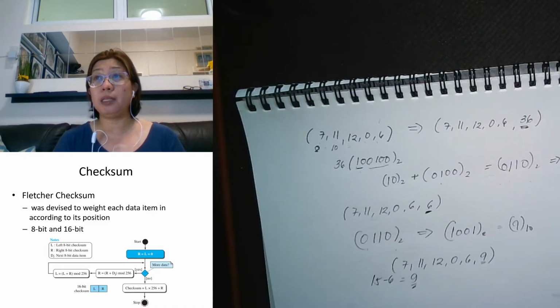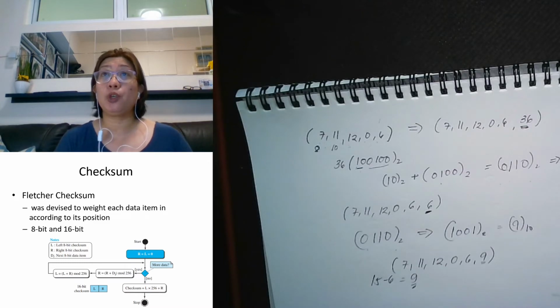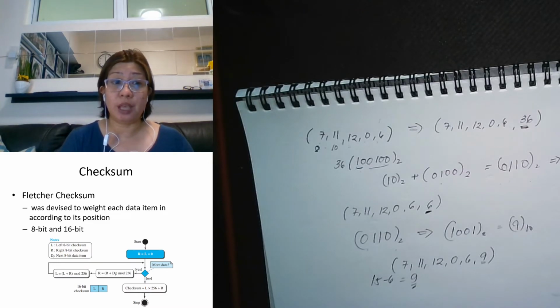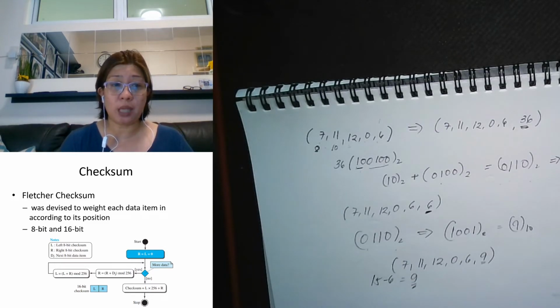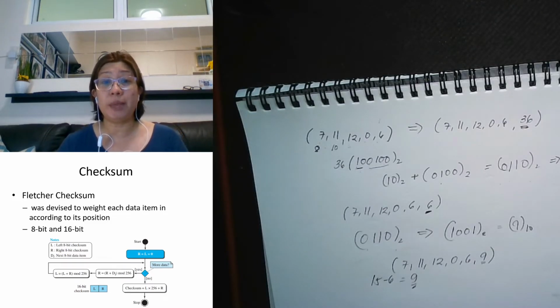The figure shows the 8-bit algorithm. For 8-bit, it calculates on 8-bit data items and creates a 16-bit checksum.